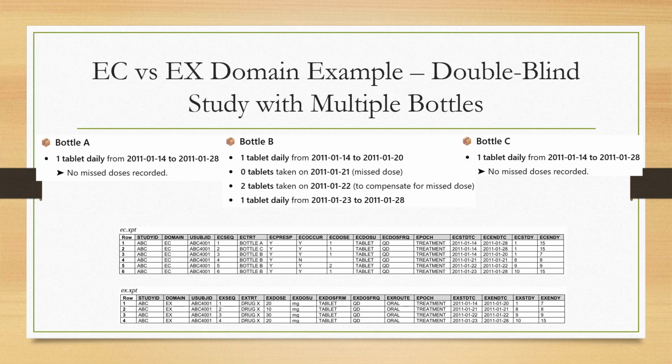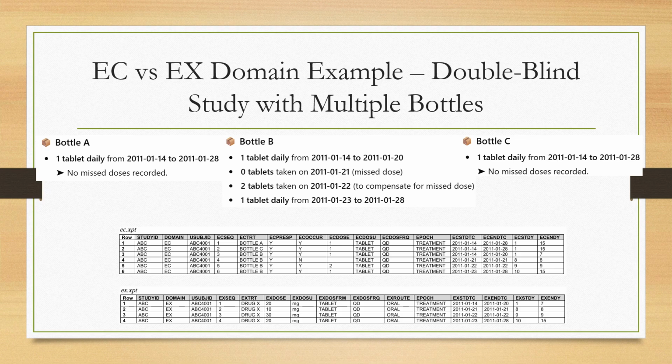So for the time period 14th to 20th of January, we have one record created where your EX dose is 20 mg. Again, please note that the units which we are populating here, dose and dose unit, are in accordance with what was mentioned in your protocol.